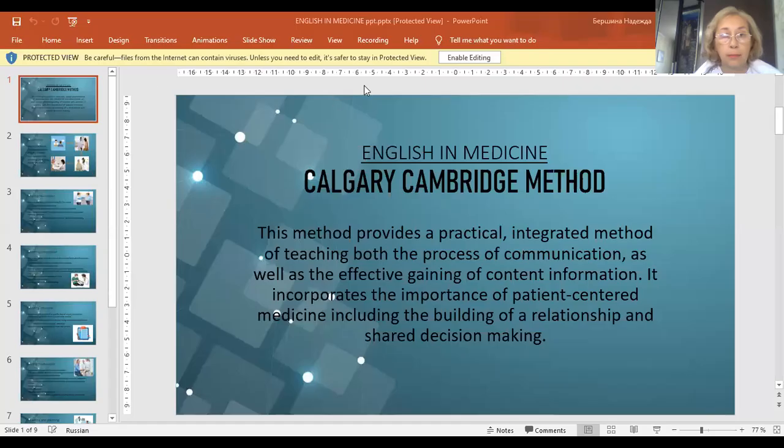Can I share the screen? No, ma'am, not this one. The presentation one that I sent you now. This is of the other group. So my body language and gestures, they can continue.